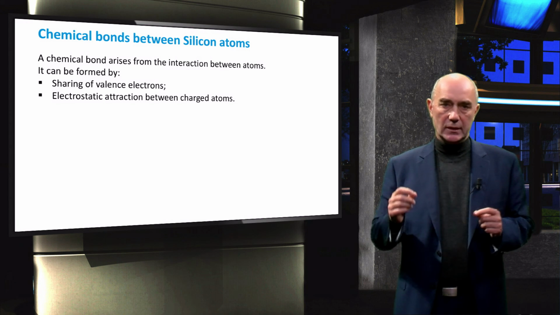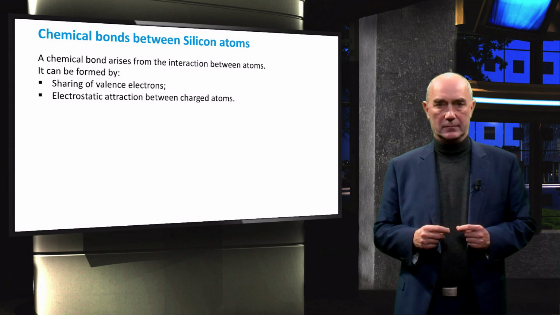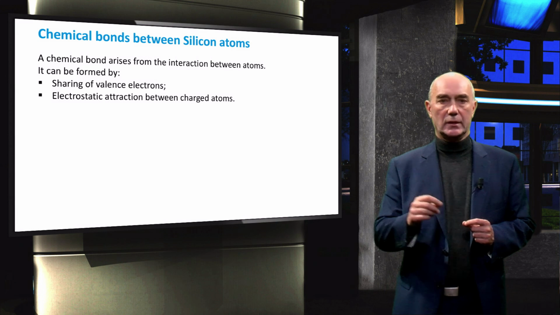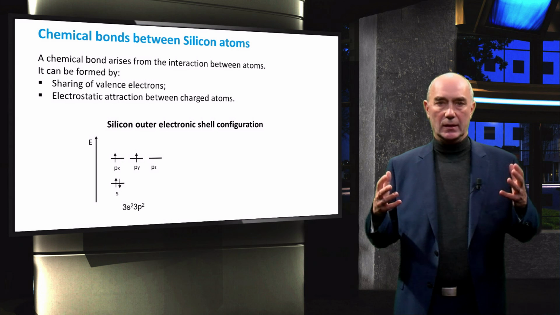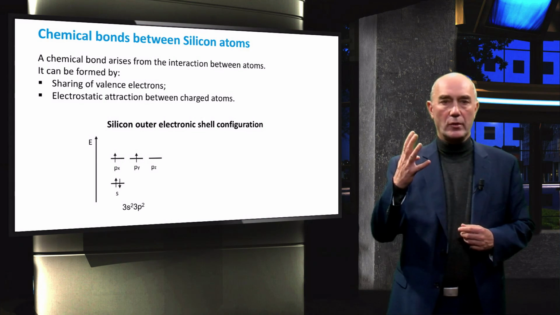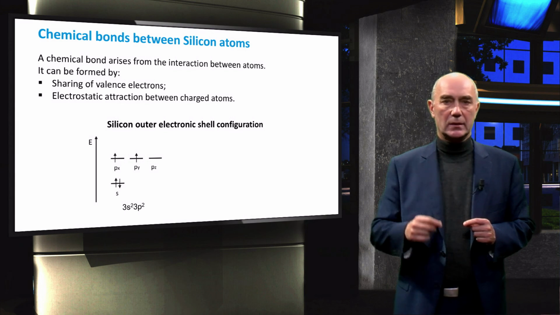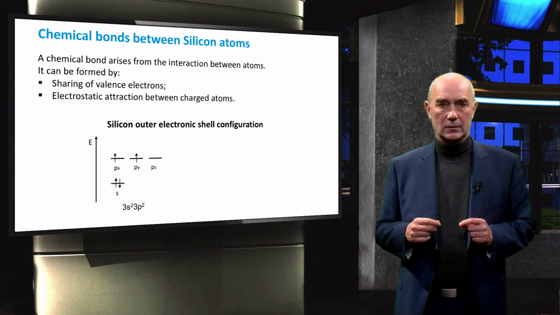This configuration is characterized by having the outer shell orbitals filled. In chemistry, this situation is called the octet rule. Silicon has in its ground state configuration 4 valence electrons. 2 electrons occupy the s orbital and 2 are located in 2 p orbitals.